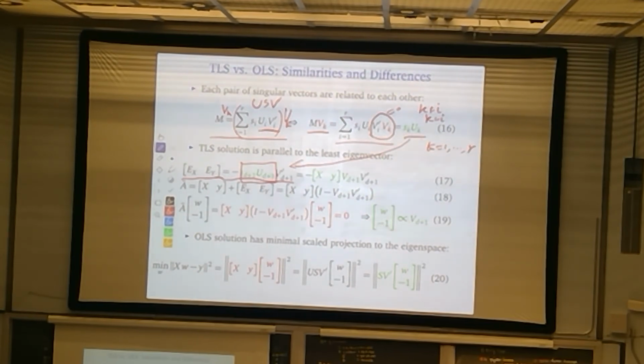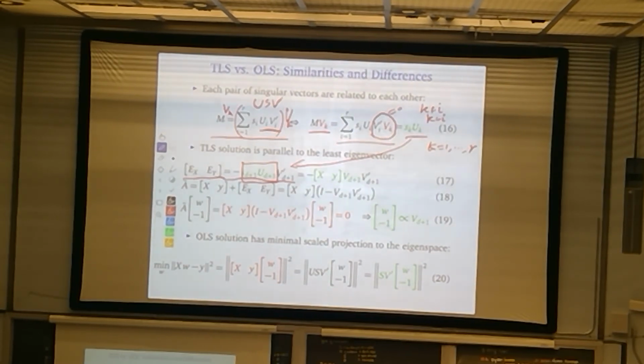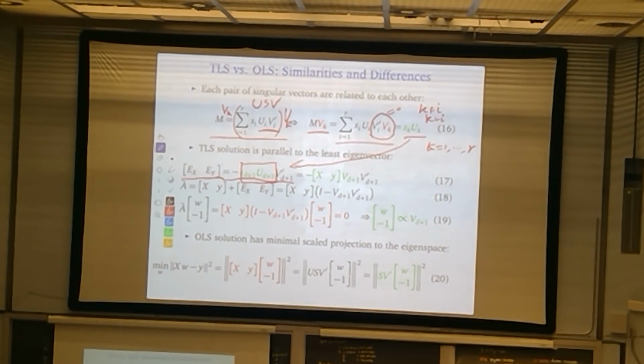So this is the S_k U_k, which equals the joint data matrix XY times V_{D+1}. I'm just applying this equation to this S_k U_k. Let K equal the last one, D plus 1 in this case, and the M in this case is my joint data matrix, XY.